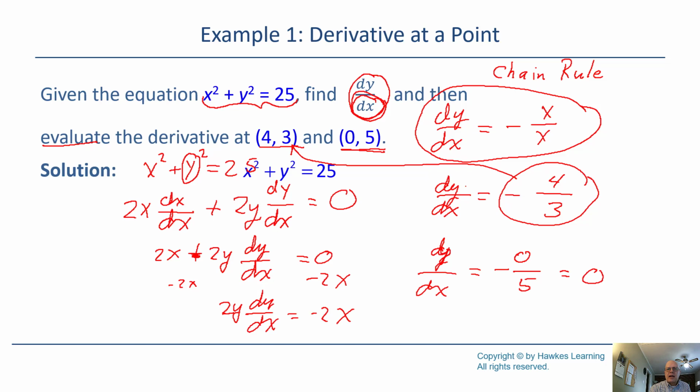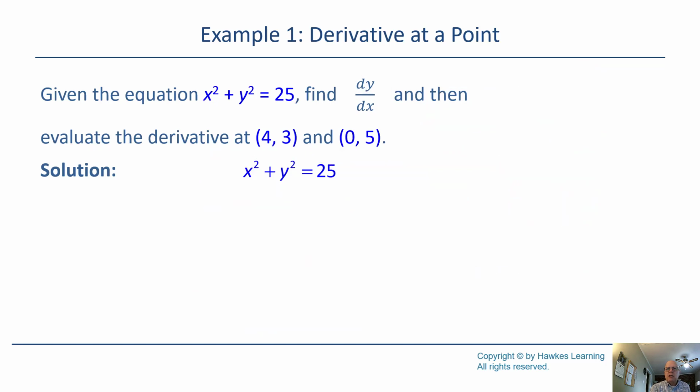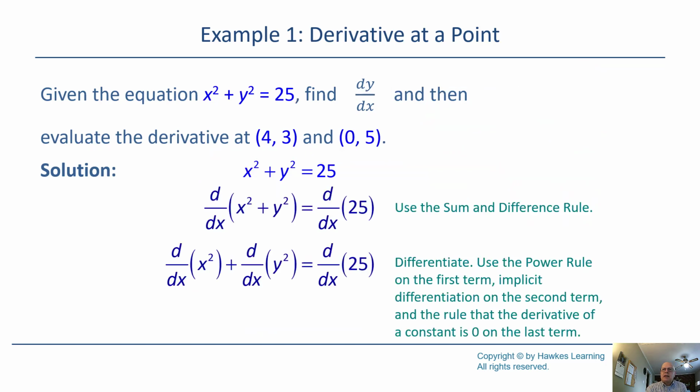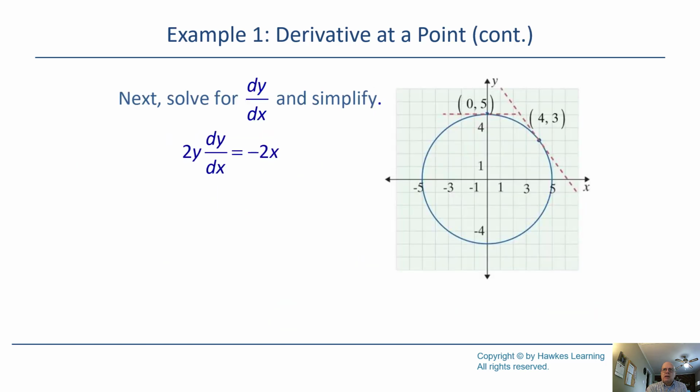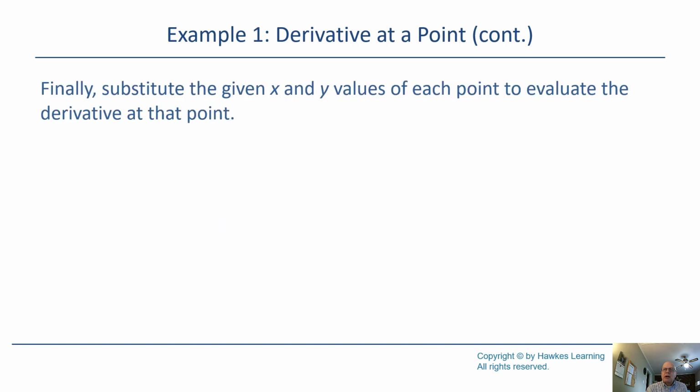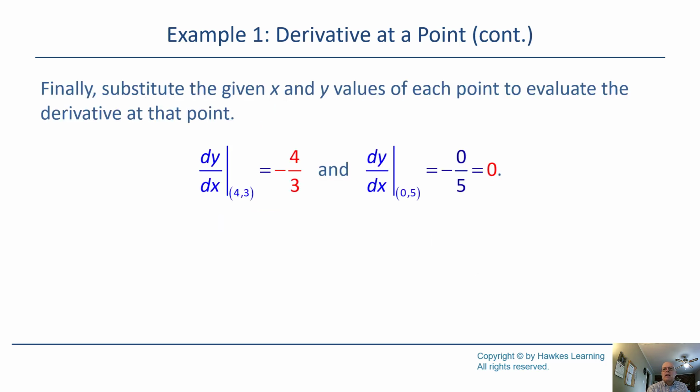Let's clear that so we can get that little review. Solve that for dy/dx. Cancel out the 2's. And we've got our derivative. And then we'll go back and pick up the points. So this is their new notation for getting the derivative at this point.